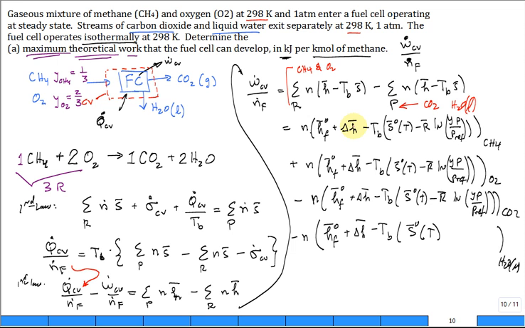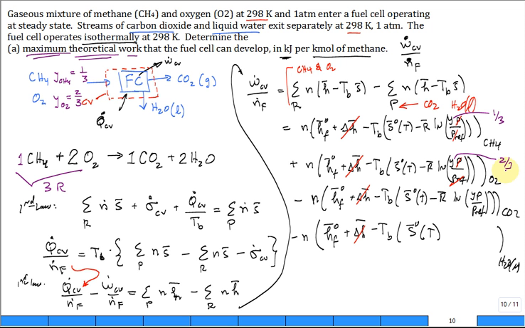First of all, everything's 298 in and out, so that's all zero. The next thing is the incoming pressure of the mixture is 1 atm and the reference pressure is 1 atm, so they cancel, leaving inside the natural log the mole fraction for the CH4. That mole fraction for the CH4 was 1/3. Same thing, it cancels for the oxygen, but the mole fraction for the oxygen incoming is 2/3.